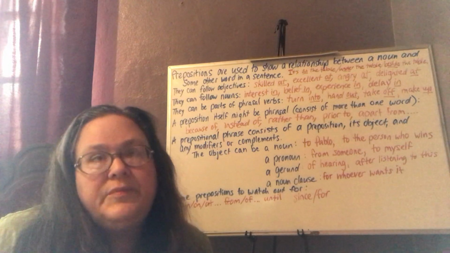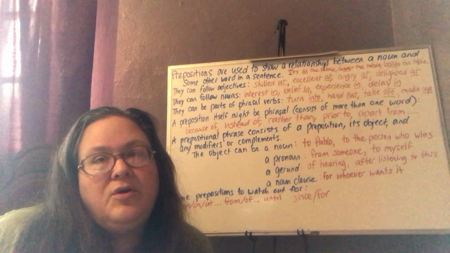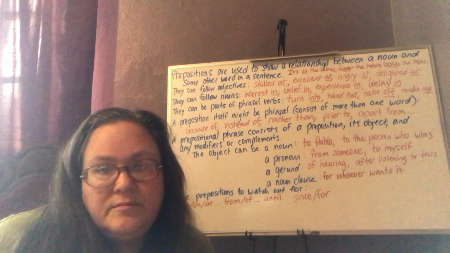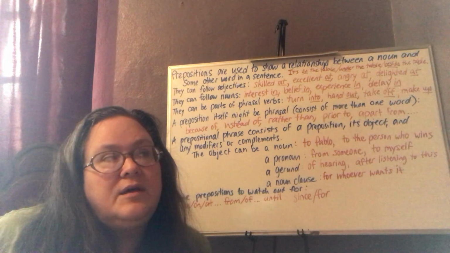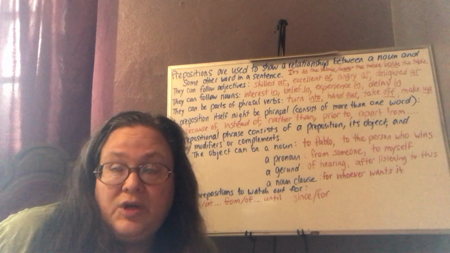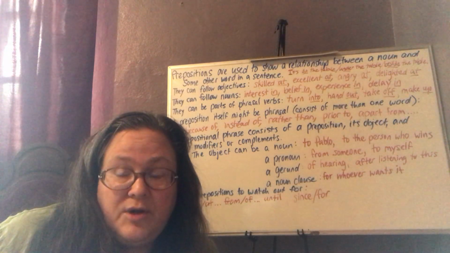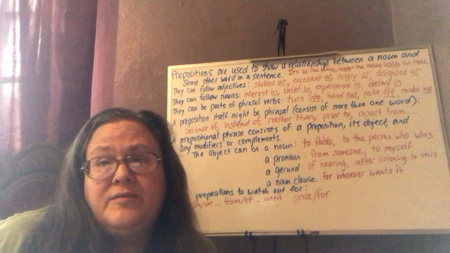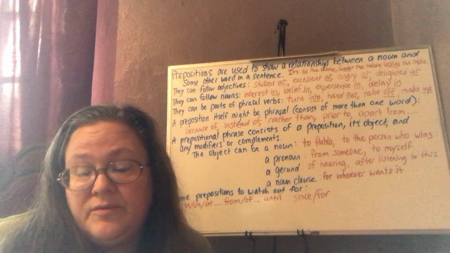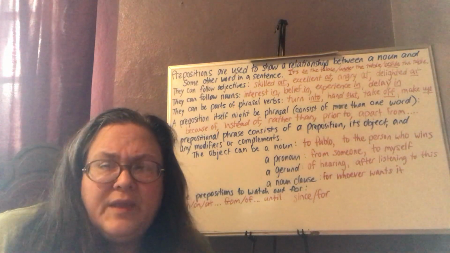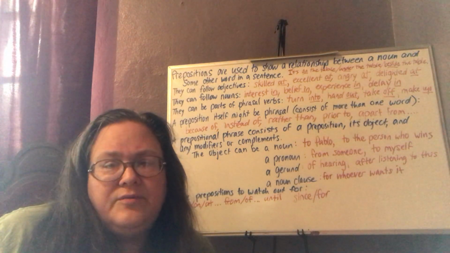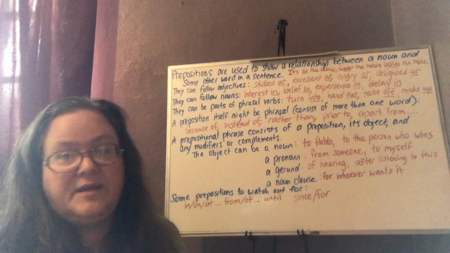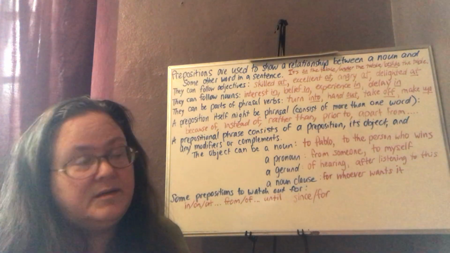I've seen written many times in sentences and essays, he fell in love with her is the correct one, but I've seen he fell in love for her, he fell in love at her, he fell in love to her, and the word love in that case takes the preposition in.